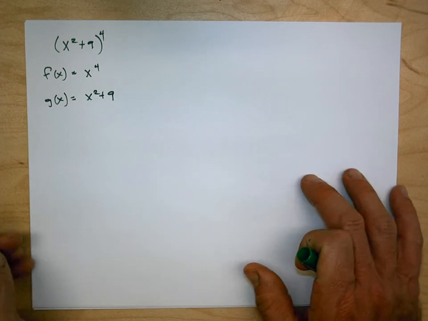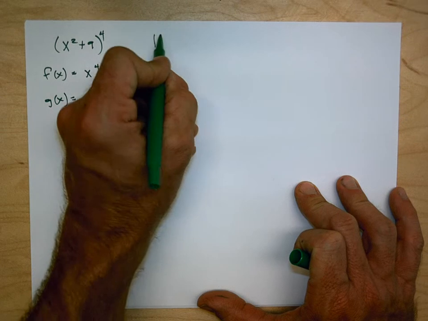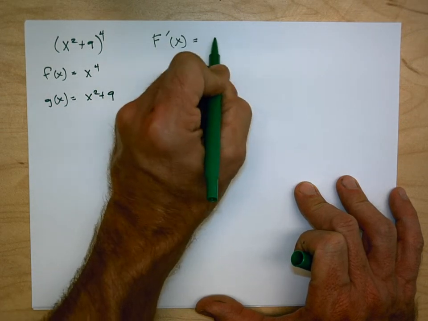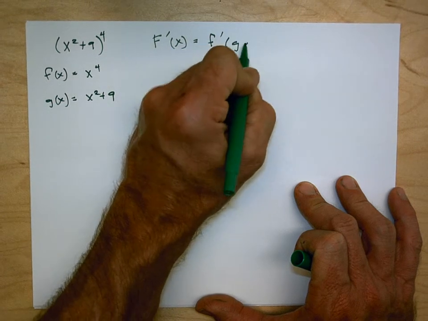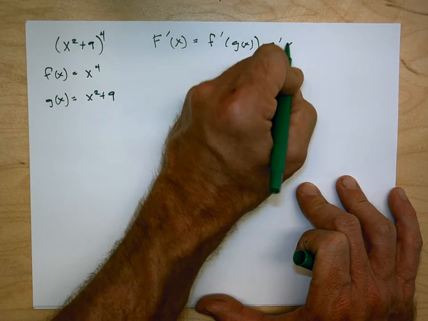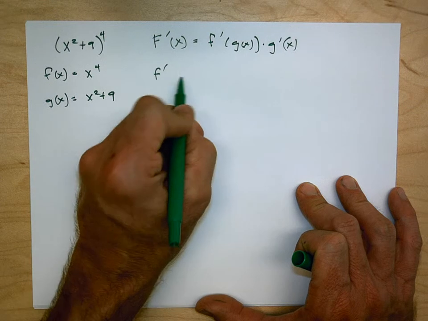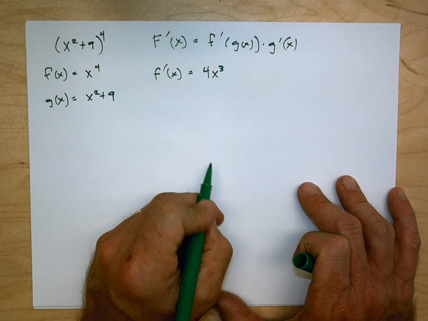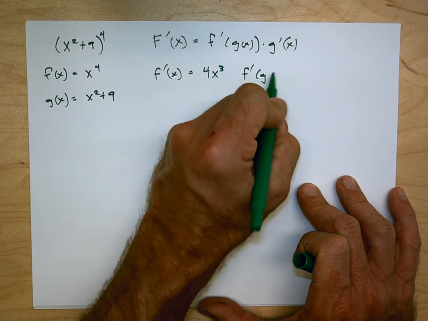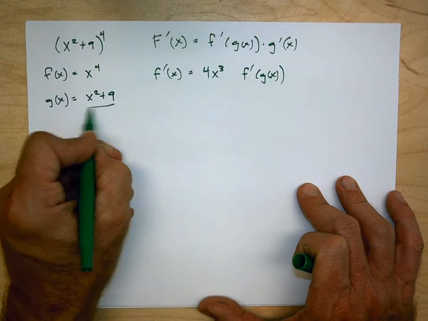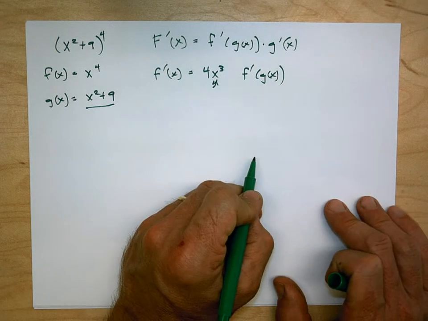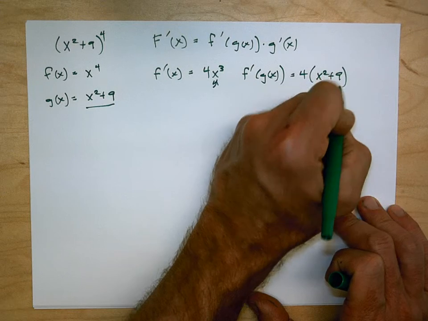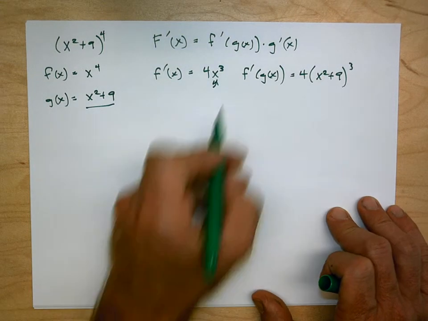So again, if we're using this notation, the derivative of the composition is the derivative of the outside function evaluated at the inside function times the derivative of the inside function. Then you find f prime equals 4x cubed. And f prime of g of x, we take our g of x and put it in here for x. So that's going to be 4 times x squared plus 9 cubed. So we've got that piece of it.